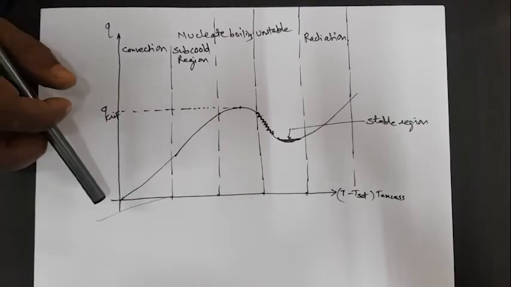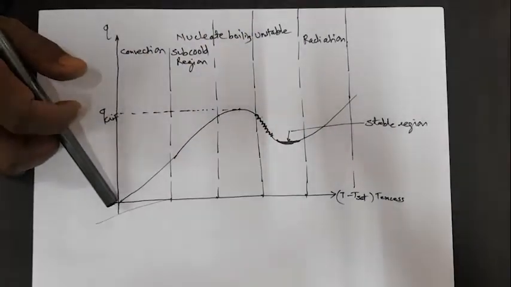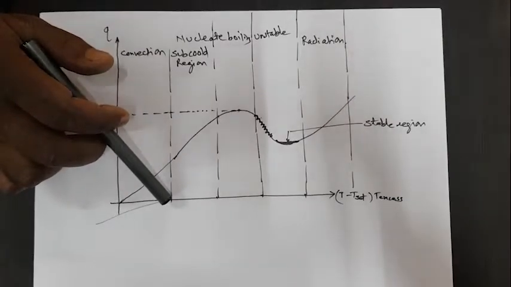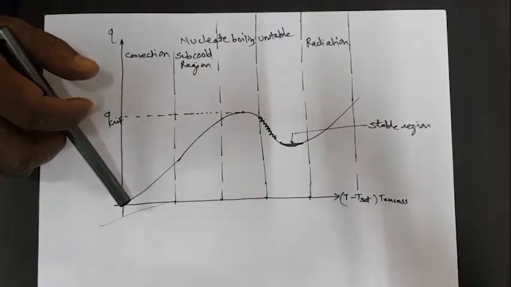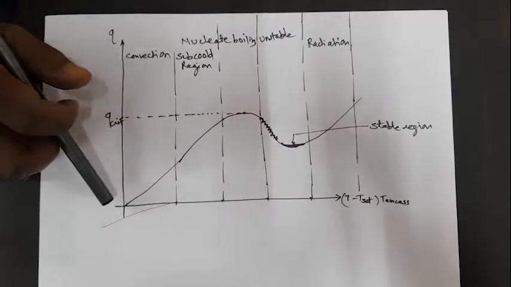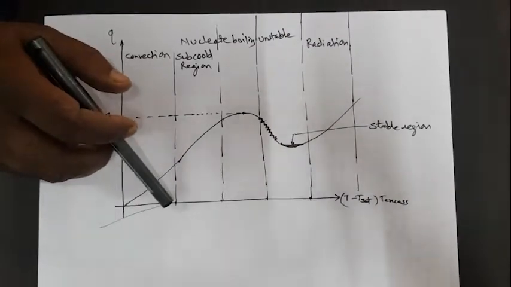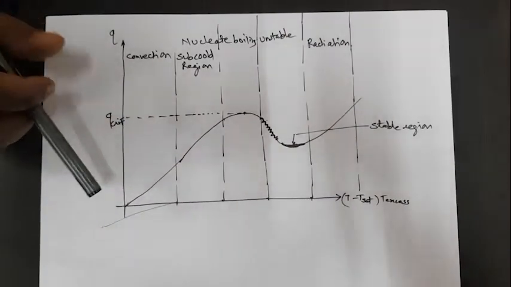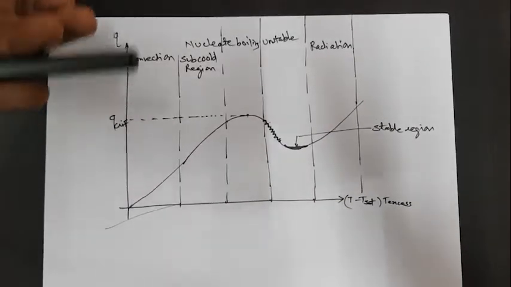Now initially when this excess temperature is between 0 to 15 degrees, approximately 15 degrees, that means the actual heating surface temperature will be how much? It will be 100 to 115 degrees. In that temperature range, you will observe that there is some motion of water from that heating surface.